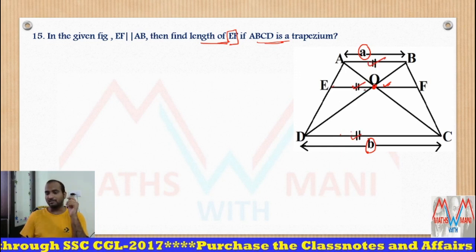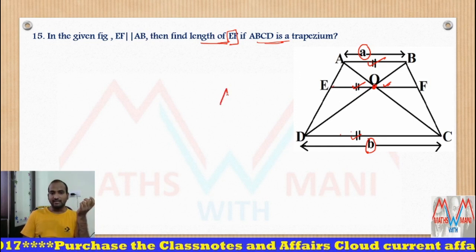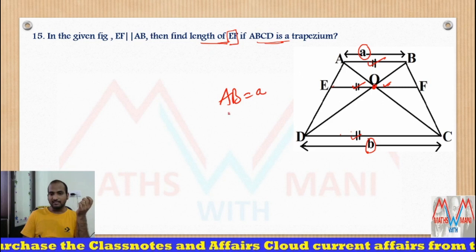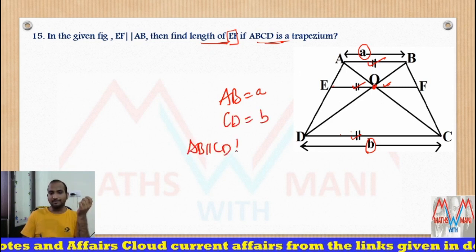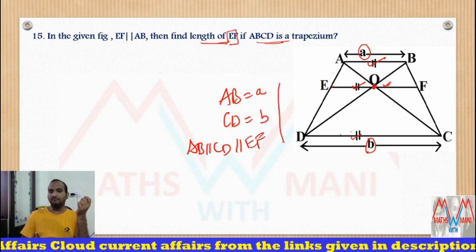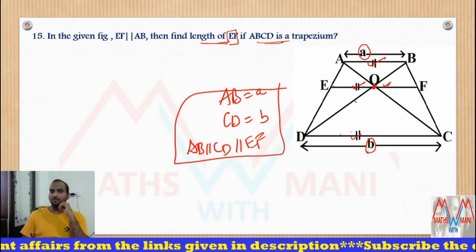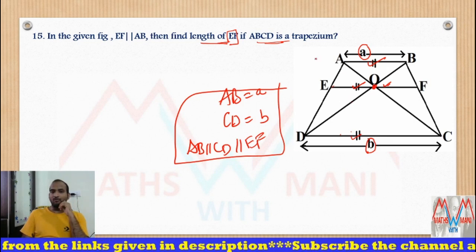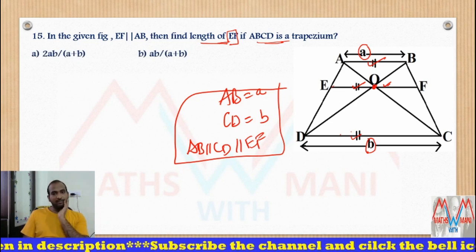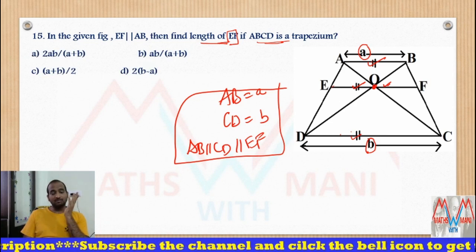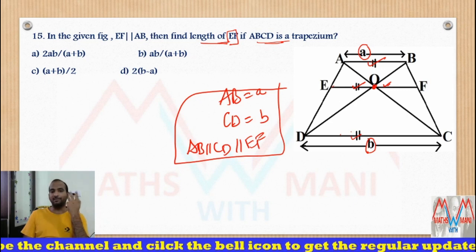AB is parallel to CD is parallel to EF is also given from the diagram, and EF is passing through O. Then what is the value of EF? 2ab by a plus b, a plus b divided by 2, ab by a plus b, or 2 times of b minus a.